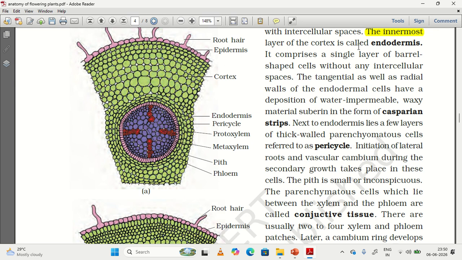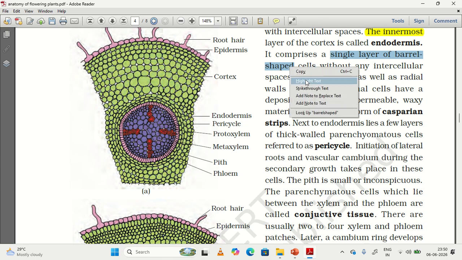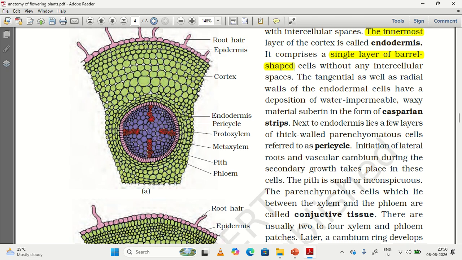So endodermis is single-layered and the cells are barrel-shaped. This is the most important point which you need to remember.